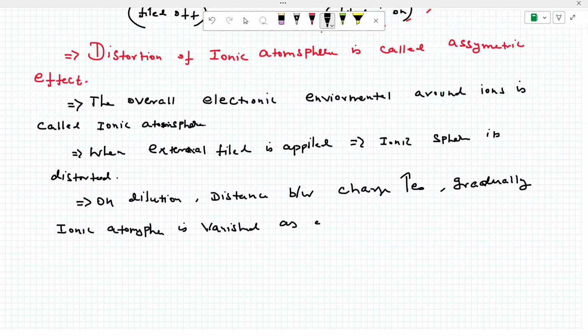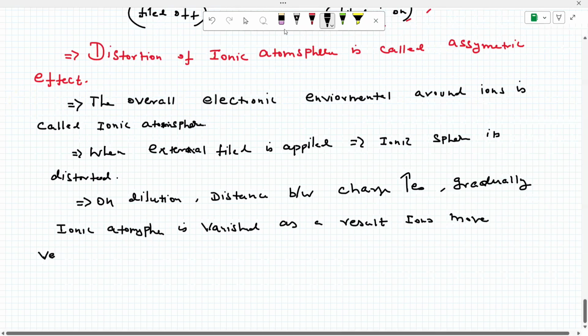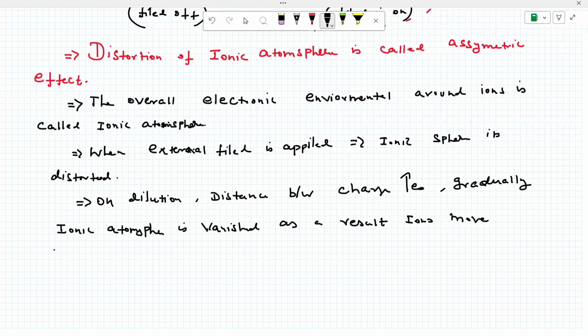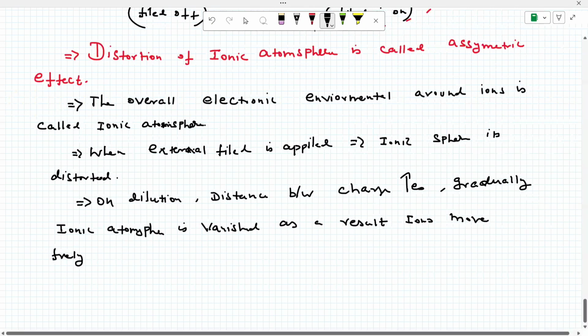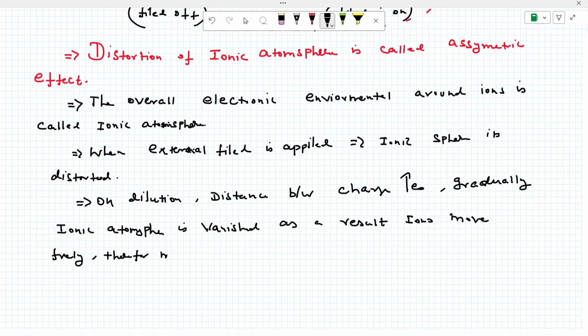As a result, the ions move very fast, move freely. Therefore, the molar conductance increases on dilution. Important, please note. Okay, this is the asymmetric effect.